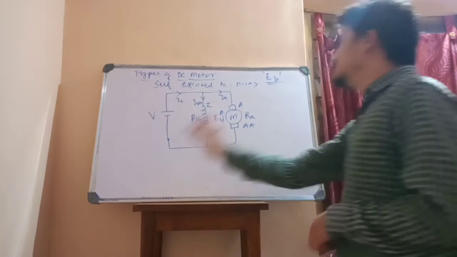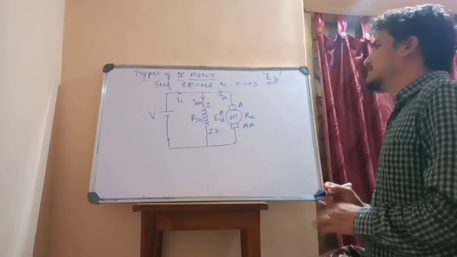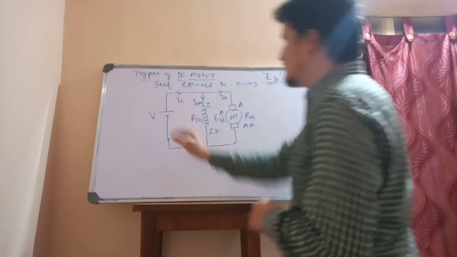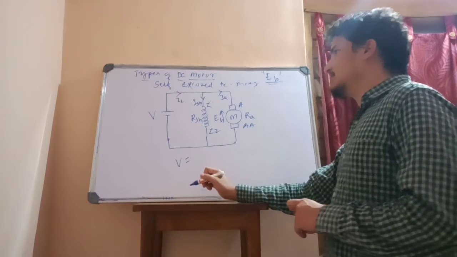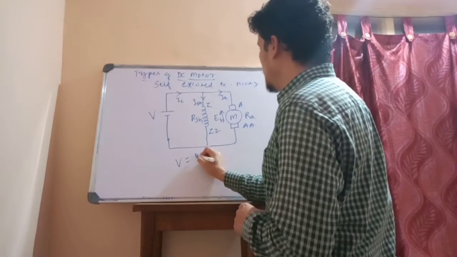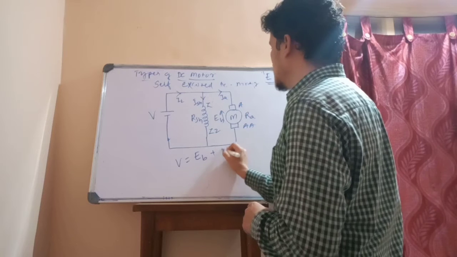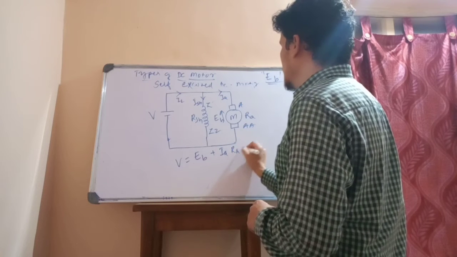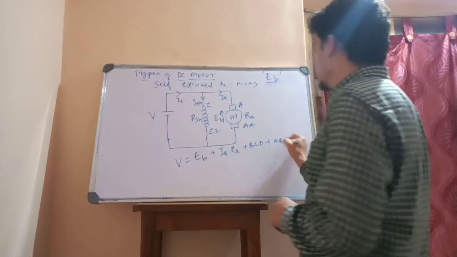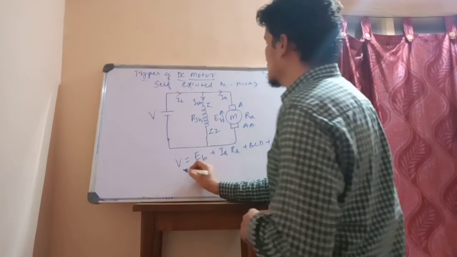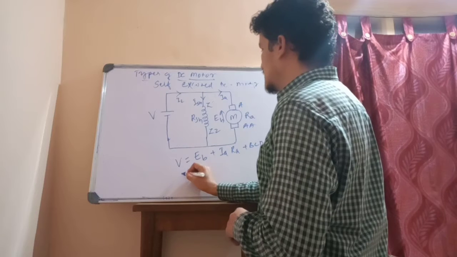So now we shall write the equation connecting the voltage and current. V must be equal to what? V must be equal to again EB plus IA RA plus brush contact drop. Now what about ISH?